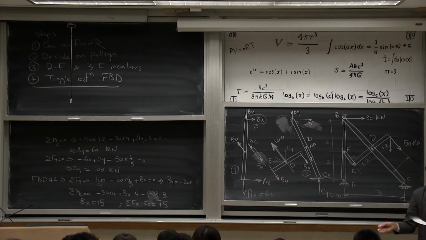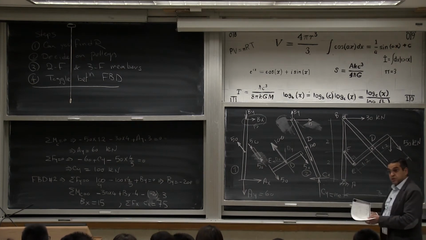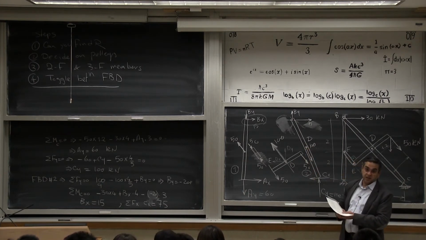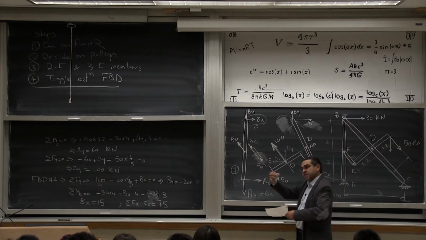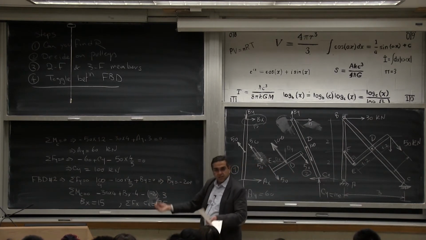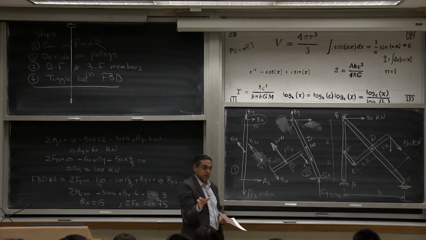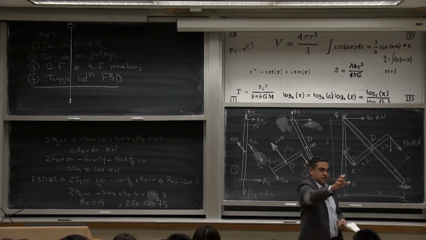The 30 is divided half and half. Not in all situations it will be this way, but in our case it ended up divided half and half. So that idea of putting the 30 anywhere and seeing what is the force that is balancing it by the joint B would give me the solution.